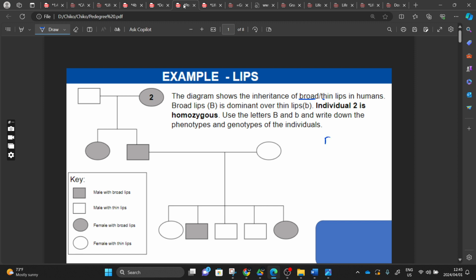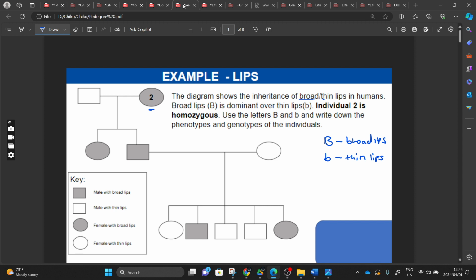Broad lips, capital letter B, is dominant over small letter b, which is for thin lips. But individual 2 here is homozygous. Use the letters B and b and write down the phenotypes and genotypes of the individuals.